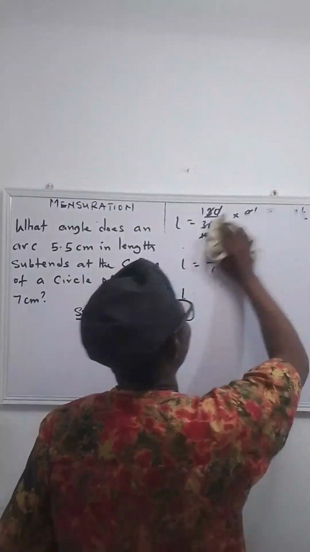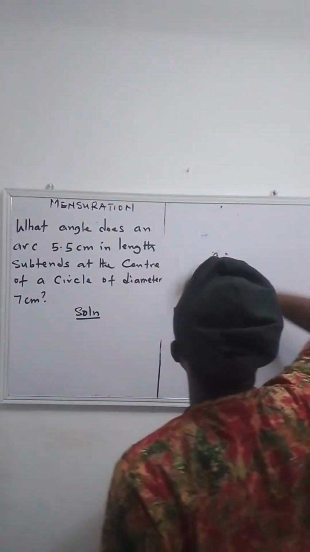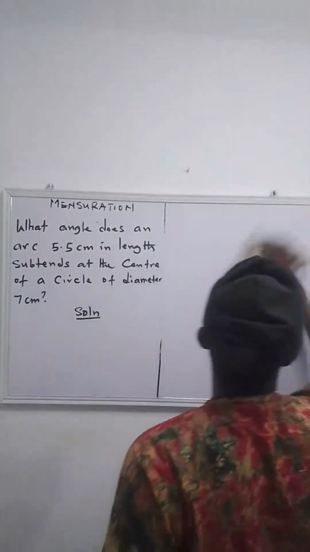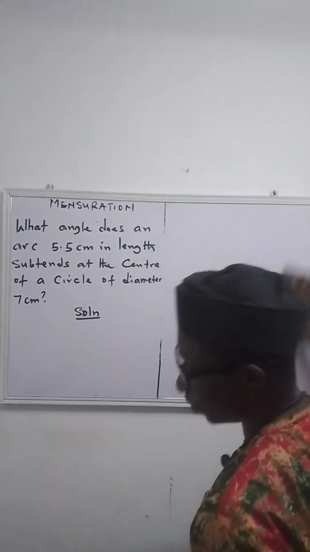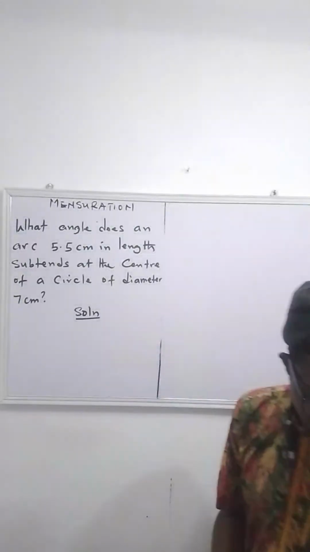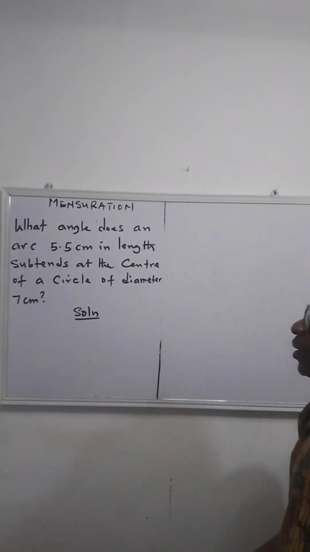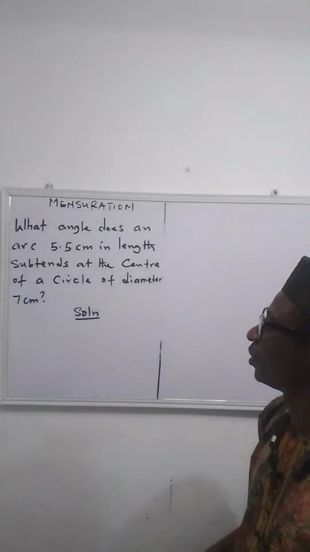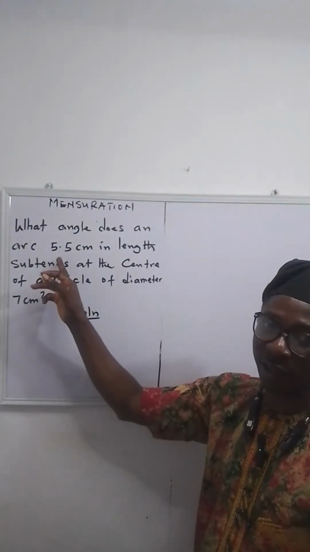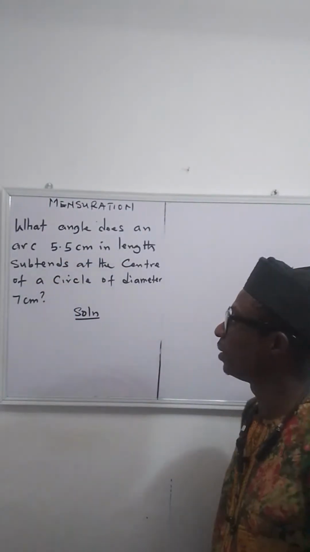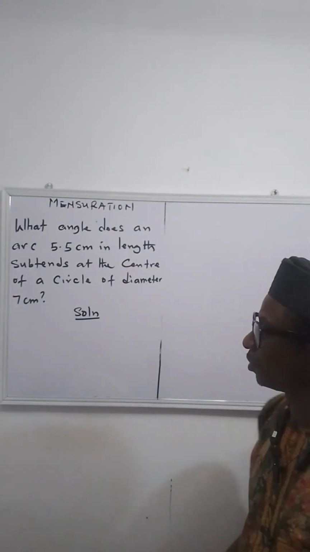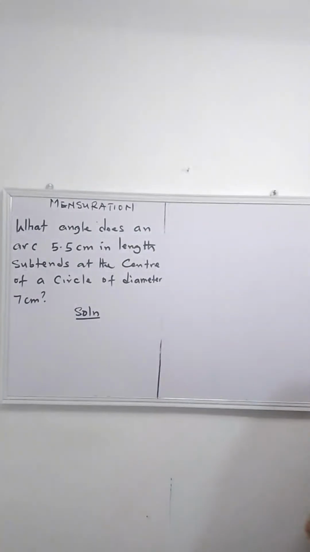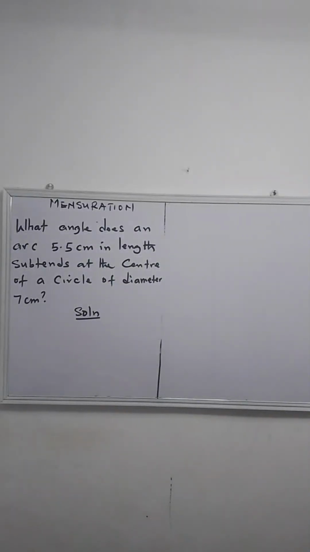This is another question. Let me give you a minute to examine this question. If you can solve the problem within a minute, you can drop your answer in the comment section. What angle does an arc 5.5 centimeter in length subtend at the center of a circle of diameter 7 centimeter?